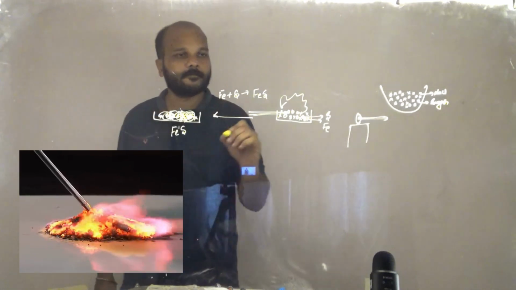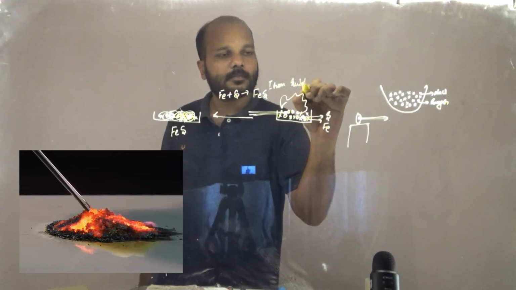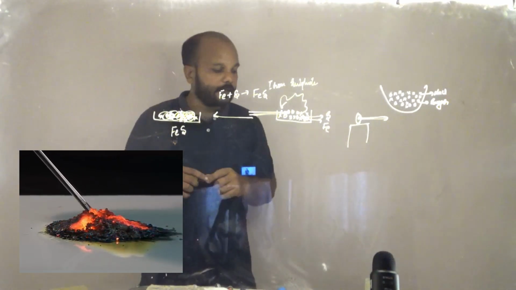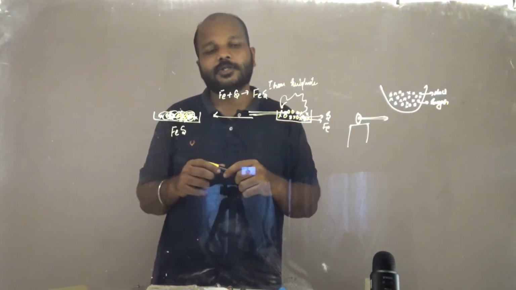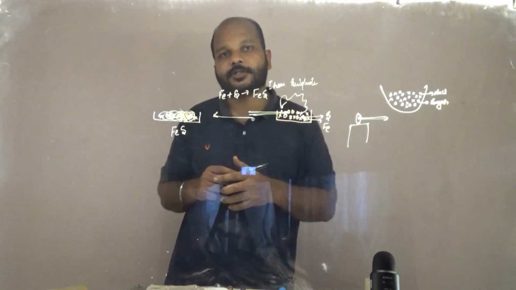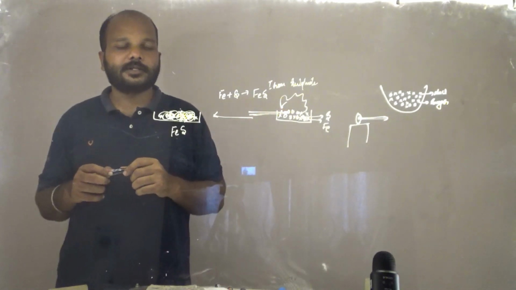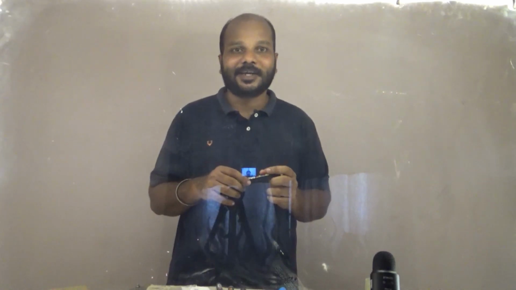For the formation of iron sulfide, we supply energy in the form of intense light and heat. The iron and sulfur absorb that energy and form iron sulfide, which is the product. What has happened, the reaction between iron and sulfur forming iron sulfide, is a chemical reaction.